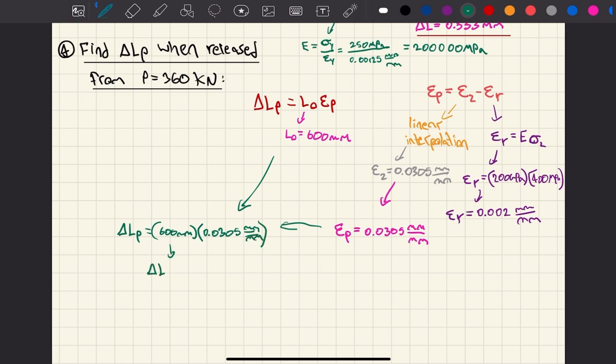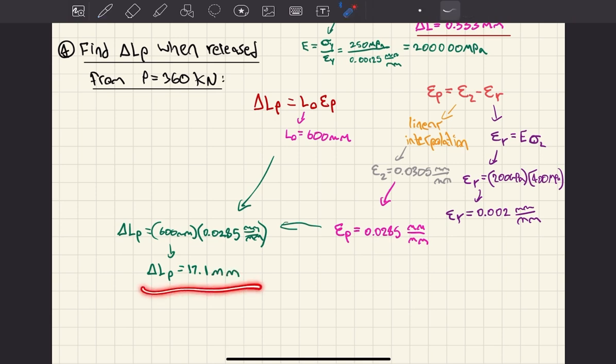And that is going to give you a permanent deformation of 17. Oops, I apologize. I didn't subtract the numbers. This is incorrect. The permanent strain here, you have to subtract the numbers. So you're going to get 0.0285. If you multiply these two numbers together, you're going to get a permanent deformation of 17.1 millimeters. And that is your final answer.